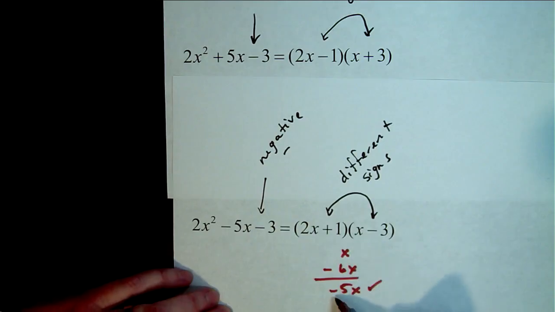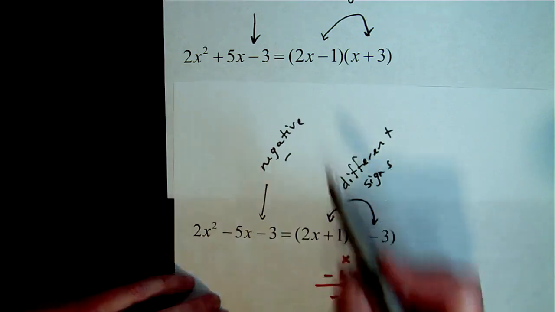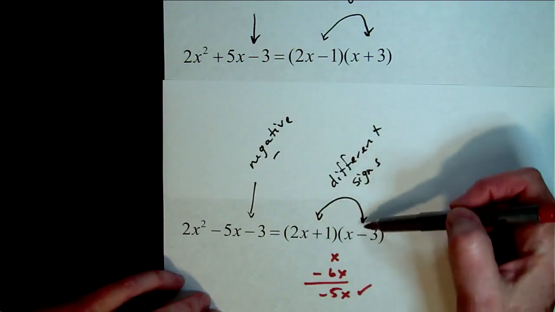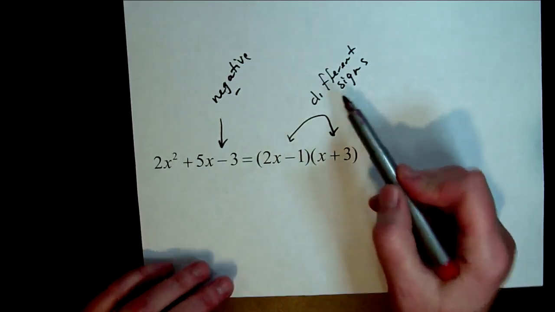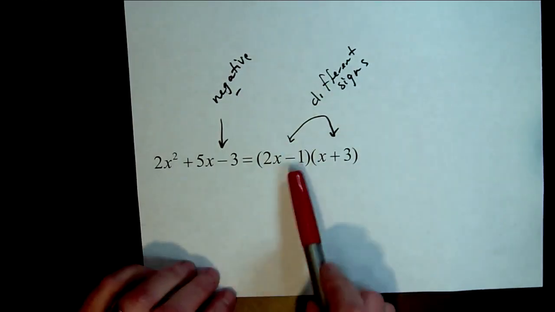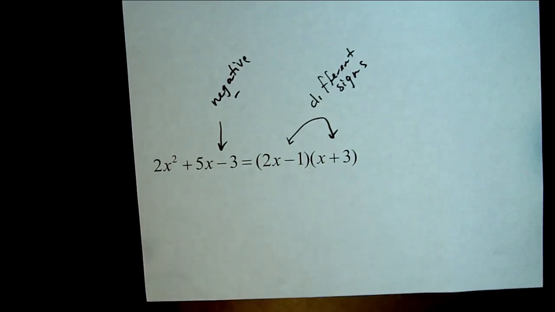As soon as I see that I have the wrong sign on the middle term, all I have to do is swap the plus and minus. Change the plus to a minus, change the minus to a plus, and then I'll have the correct thing. So when you have different signs, you just take a guess as to which goes where and check to see whether you've got the right answer or not.